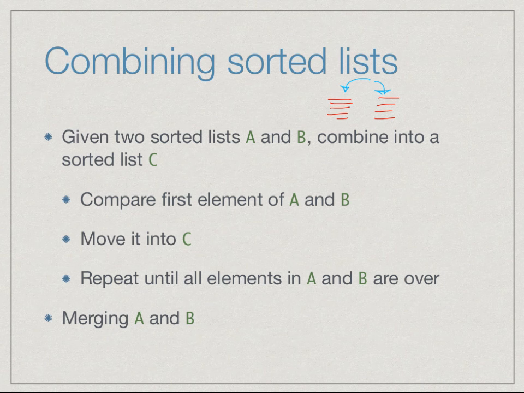So you could take the maximum and move it aside. Now you have the second highest on the right hand side and the highest on the left hand side. Again, you look at the bigger one and move that one here, and so on. So each time you look at the current head or top of each of the lists and move the bigger one to the output. And if you keep repeating this until all the elements are over, you will have merged them, preserving the sorted order overall.